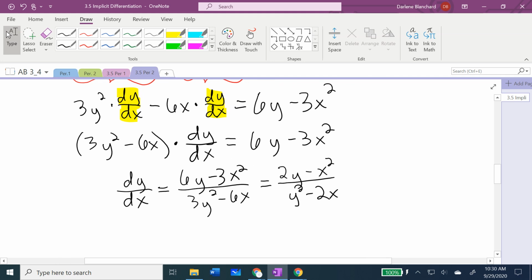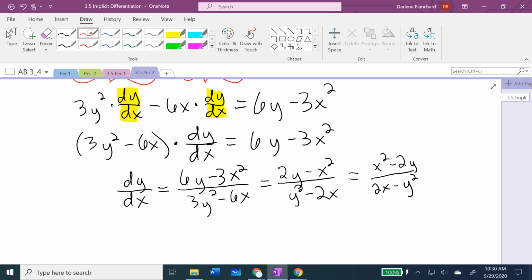Now, know that you might see the answer written another way. All I did was switch the order of subtraction on the numerator and denominator, which is equivalent to multiplying the top and the bottom by -1. They are exactly the same thing.